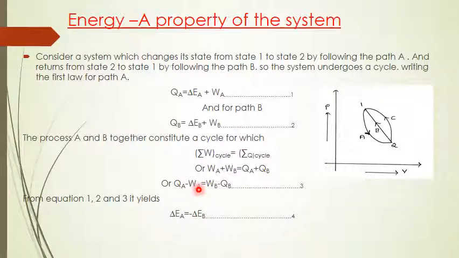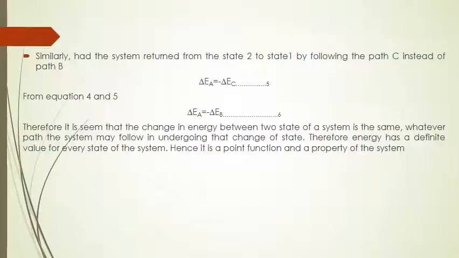Rewriting, QA minus WA equals WB minus QB. Call these equations 1, 2 and 3. From equations 1, 2 and 3 we can easily write delta EA equals minus delta EB, equation 4.